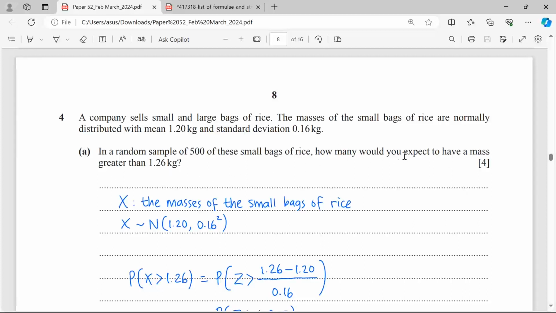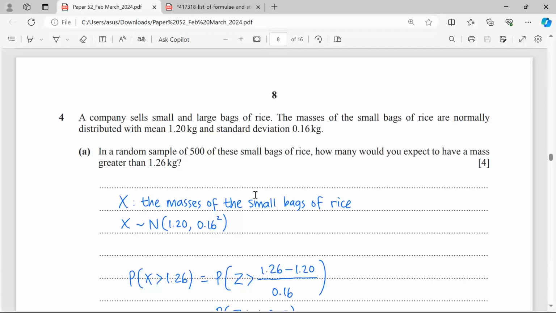How many would you expect? First of all, you have to find the probability that a mass is greater than 1.26 kilogram. We can define the random variable x to be the masses of the small bags of rice, because we are interested in small bags here.